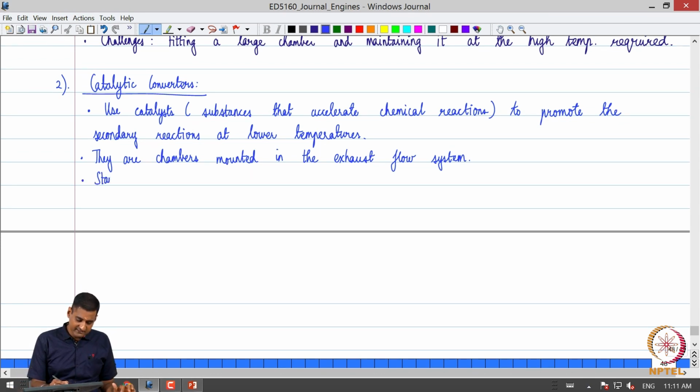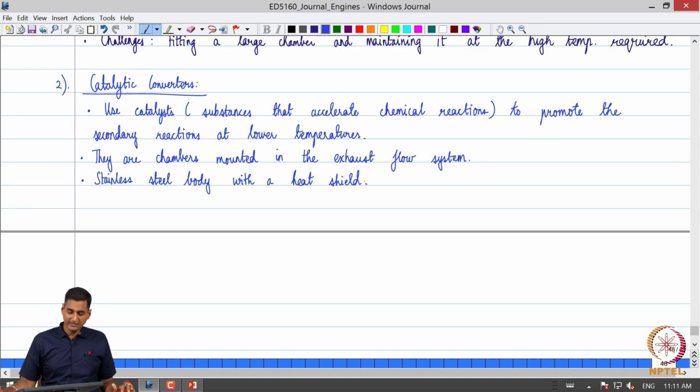Typically, the catalytic converters have a stainless steel body with a heat shield to insulate the same, okay, and they are going to have what is called a honeycomb structure, through which the exhaust gases pass, and in these structures the catalysts are embedded.